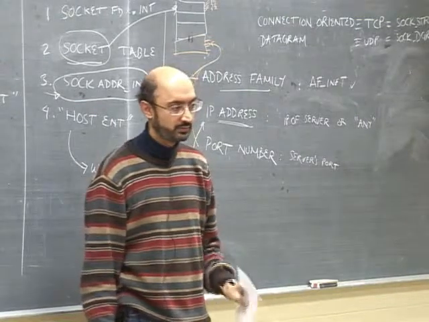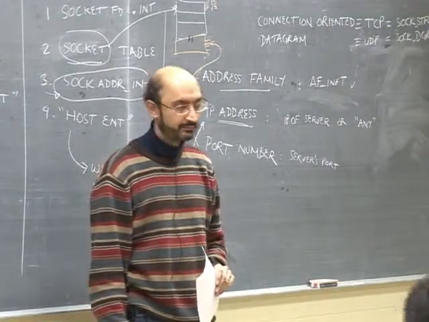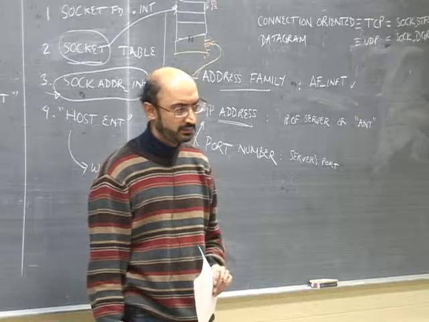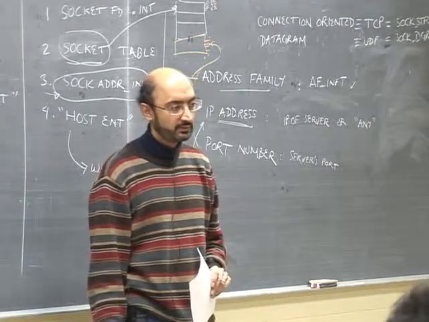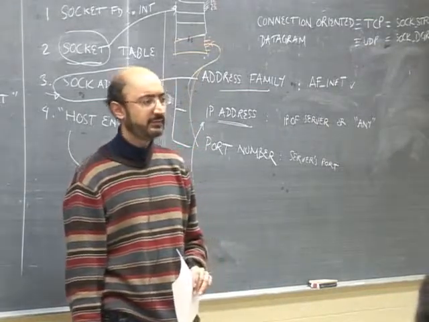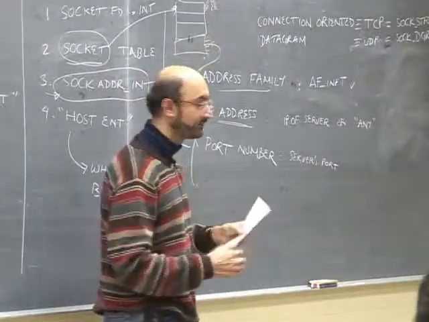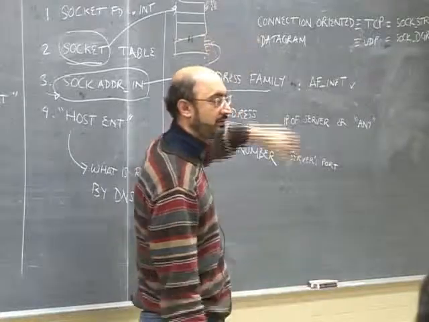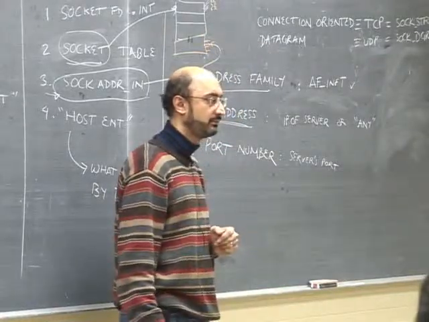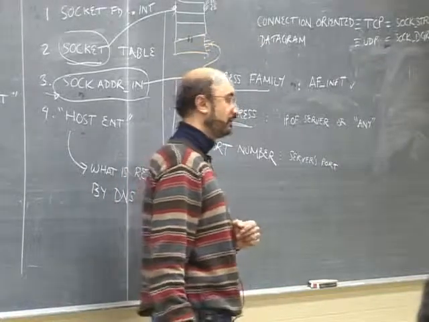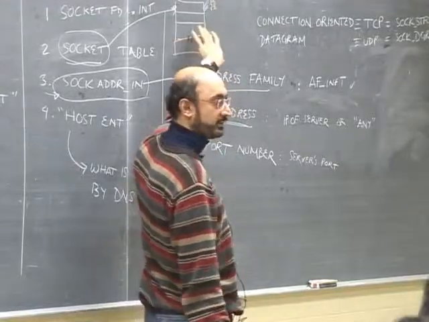So the serv_addr, those 3 lines, are basically setting up the arguments and then the binding. That's correct. Those 3 lines are setting up the structure, and then we're binding it over here. Is the structure retained when it's bound in the socket table? No, it's copied into the socket table.